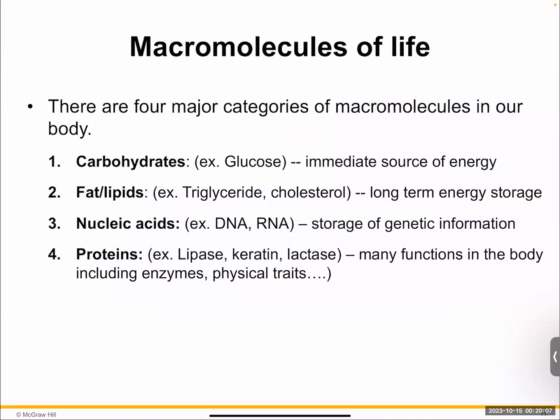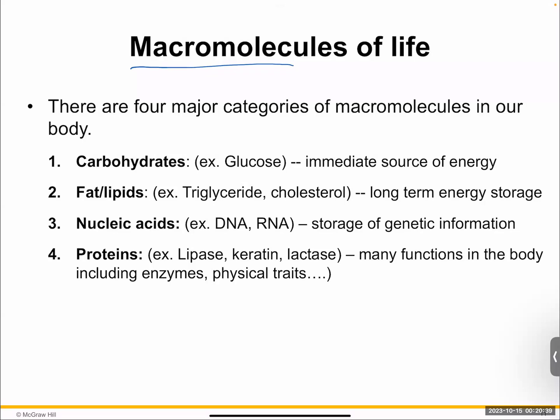Now, briefly, before we go back to genetics, I wanted to hint at what we're actually made up of, because it does help us understand why we consume the food we consume. So what we have here is the term macromolecules of life. Basically put, they are these gigantic molecules inside your cell.